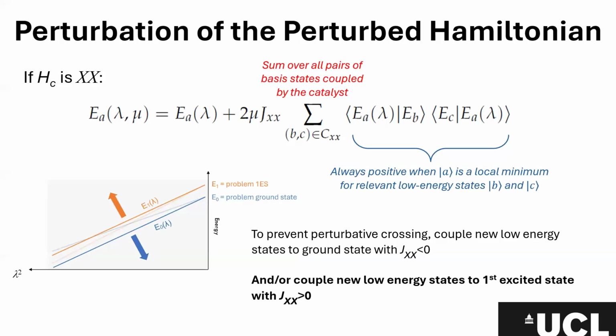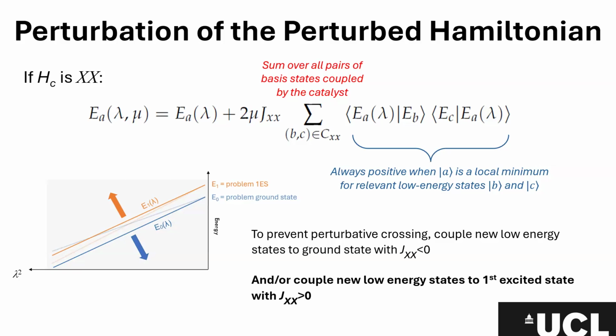What you find is that you can sum over all pairs of basis states which are coupled by the catalyst. In the case of the XX interaction, this is all states that are Hamming distance 2 apart from one another. And then you get this term here.